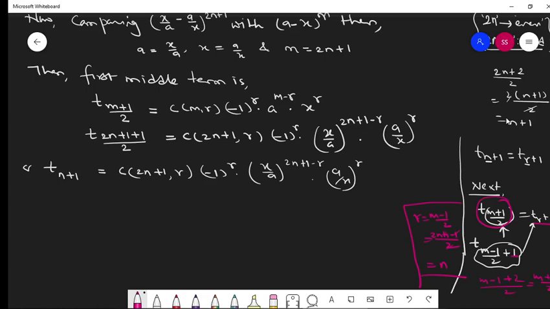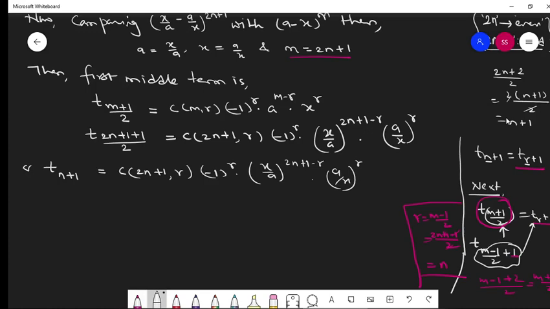I have mentioned that t((m+1)/2) can be converted into t(r+1) form as t(((m-1)/2)+1). Here we suppose m equal to 2n+1, so we replace. But if you are given directly that the power is n, then in that case you have to mention r equal to (n-1)/2 and n as it is.